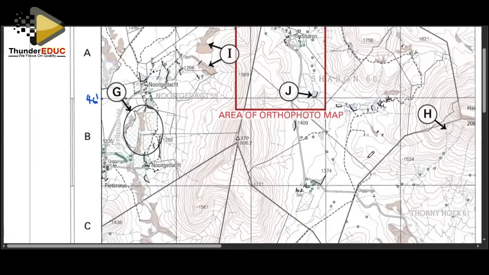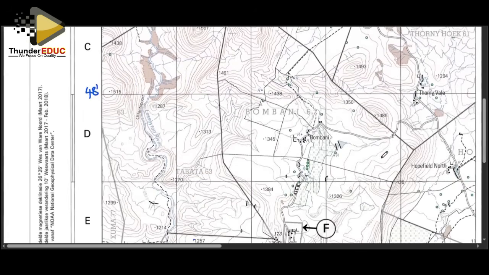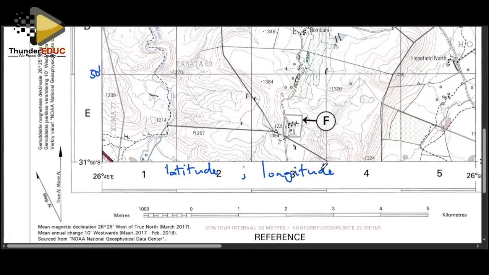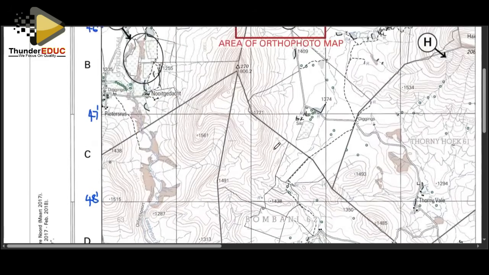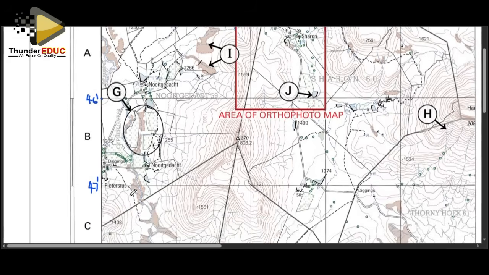And as we go further down, for every line, it's going to increase by 1 minute. So it's 47 minutes, 48 minutes, going down like that.